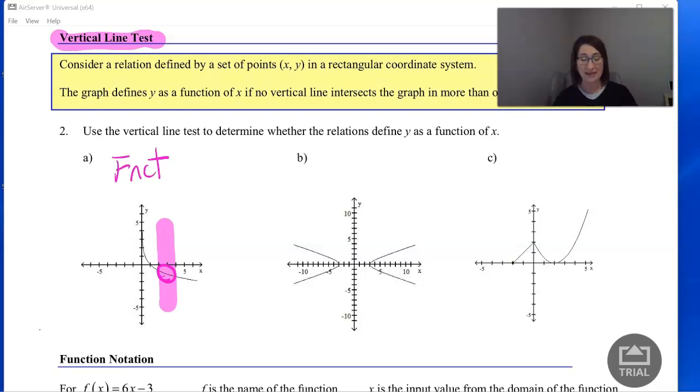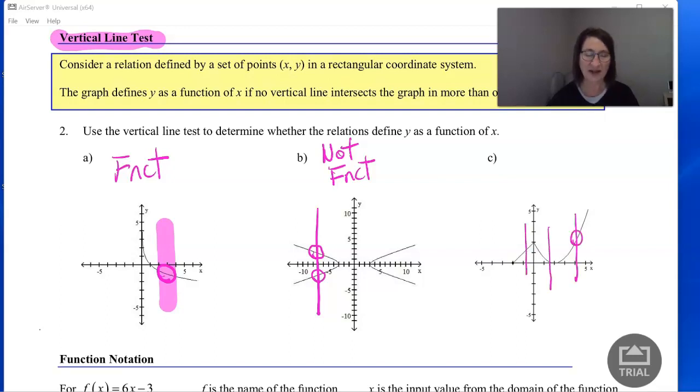For example B, we've still got a vertical line, but it's going through our graph in 2 locations. And so that means it's not a function. Not hard. For C, even though C is kind of a crazy graph, it doesn't matter where you draw your vertical line.